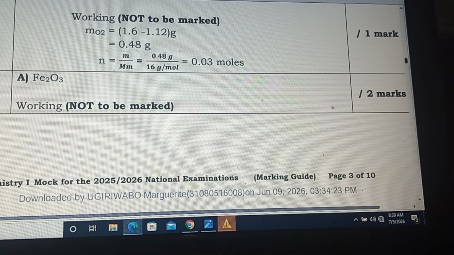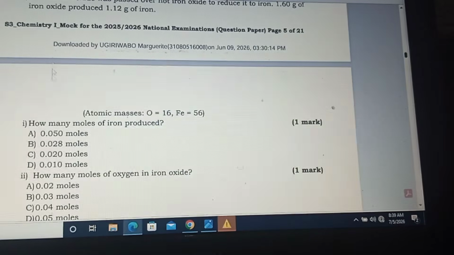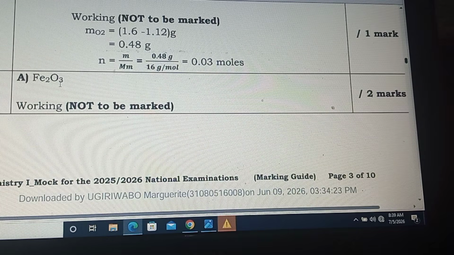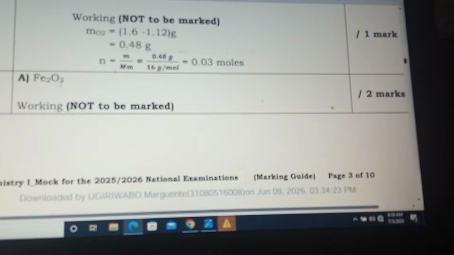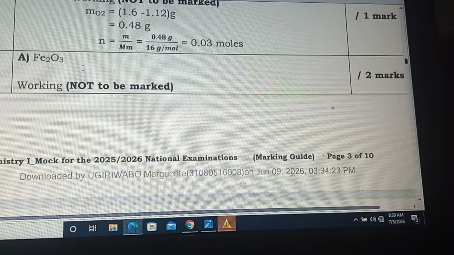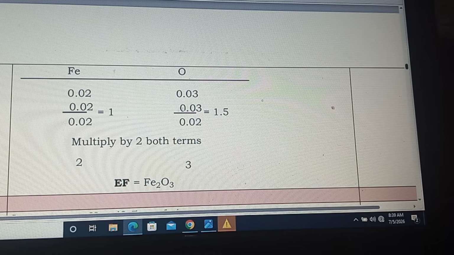Okay, part 3 question is here. What is the correct empirical formula of iron oxide? As you know, the empirical formula is the simplest ratio of atoms in the compound. Means that for the empirical formula of iron and oxygen, you compare the number of moles.